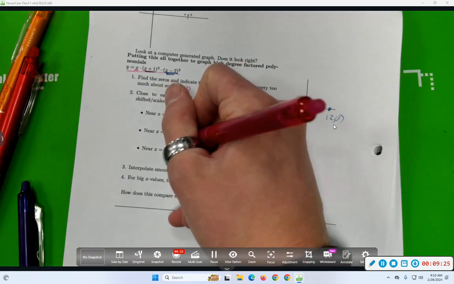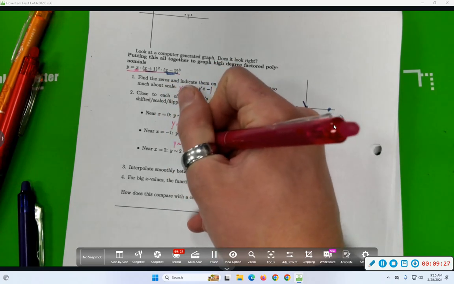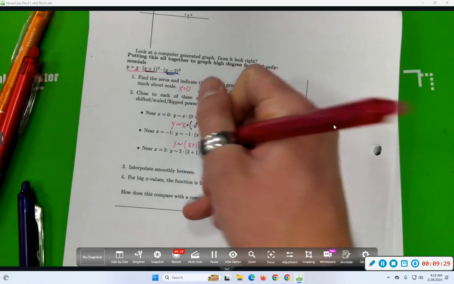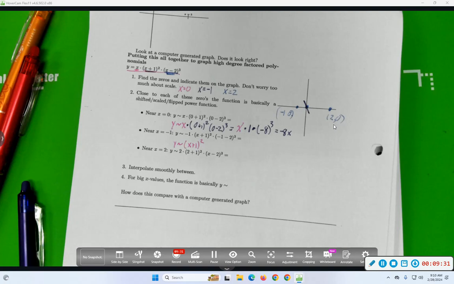So y approximately x plus 1 squared, and then I'll plug in x equals -1, because that's the location of the root I'm looking at, for all the rest of the x's. Because that's what this instruction says to do.